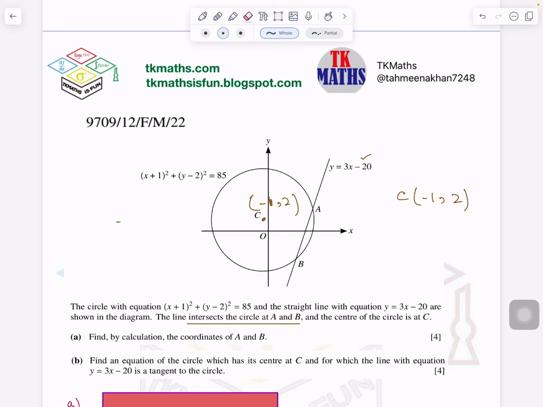So for part 1, to find the coordinates of A and B, we will simply solve simultaneously. I have done the working here, I'll show you, but we are discussing right now. And one more hint: for solving simultaneously, this value of y you can plug in straight away here. Do not open it first. If you open it, it will become a little lengthy also. So it's better to substitute here first of all.